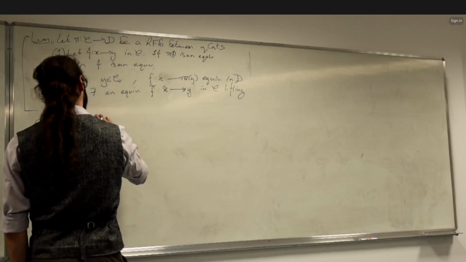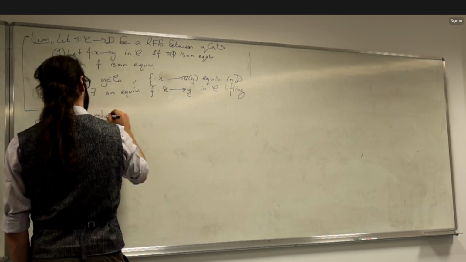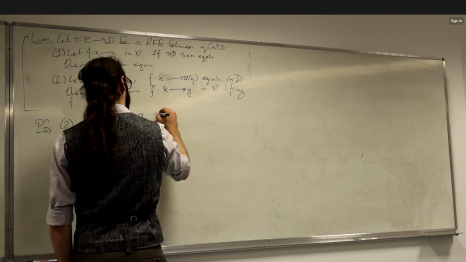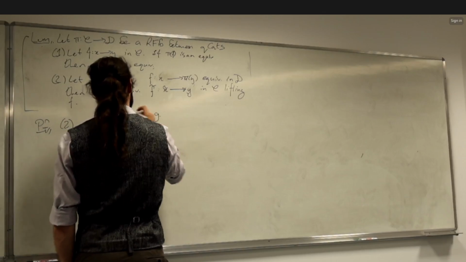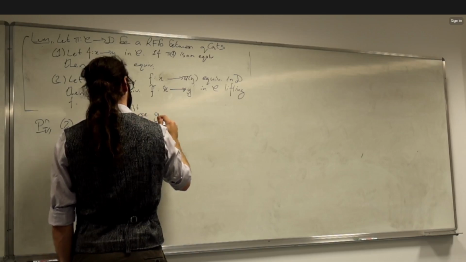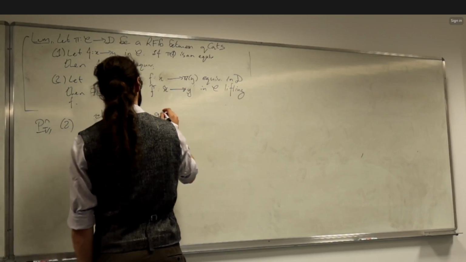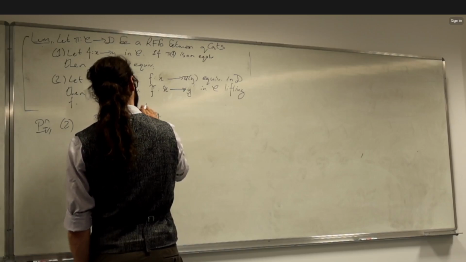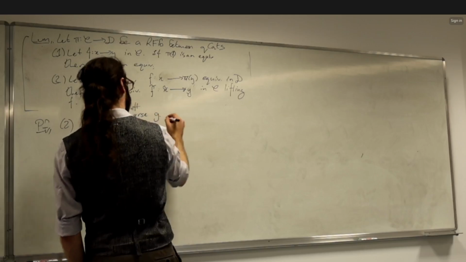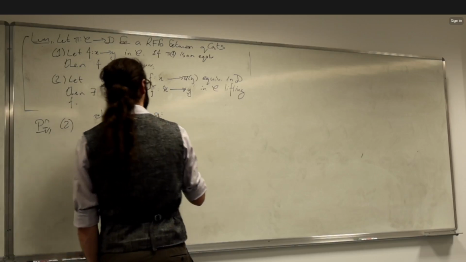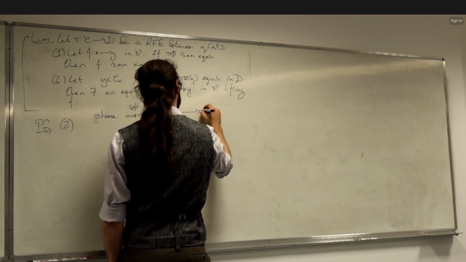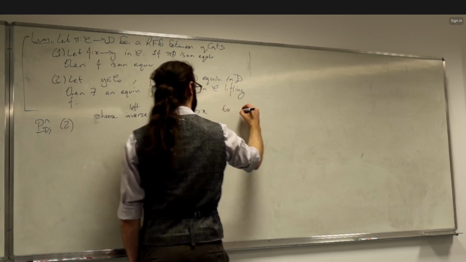So choose an inverse G, right inverse, left inverse. Maybe I want a left inverse. We'll see. Left inverse G from pi of Y to X to F.